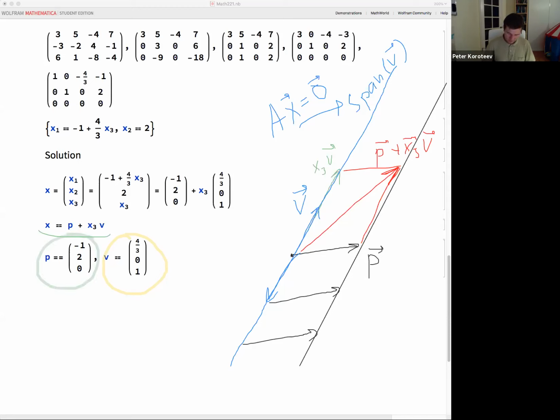So therefore we have to move to a different position. So now this line will describe the space of solutions of Ax equal to b.